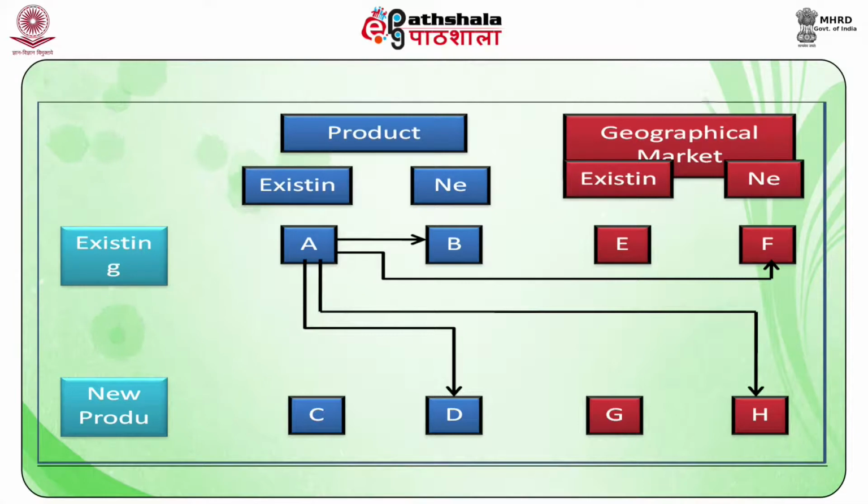Firms can move from box A to box D, H, B and F. Direction of diversification from box A to box D and H implies movement from supplying existing product in the existing market, that is box A, to supplying new product in new market, that is box D, and new product in new geographical market, that is box H.